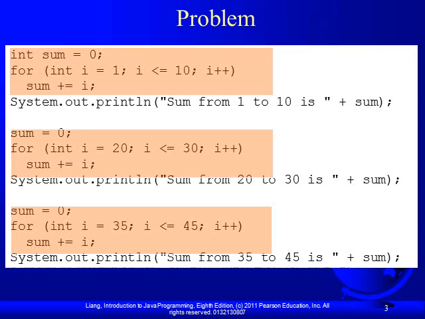Well, the programmer elected to implement this using three for loops. And we see that the body of the loop is the same regardless of the values we want. We want to add and output a message that is similar as well. So what is needed as a solution is to make our code more general in nature, code that we could reuse to solve the same problem with a variety of constraints.